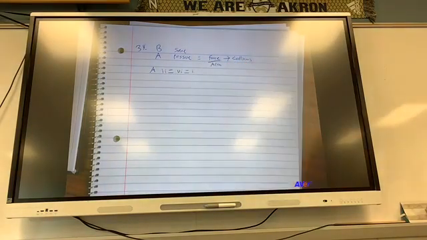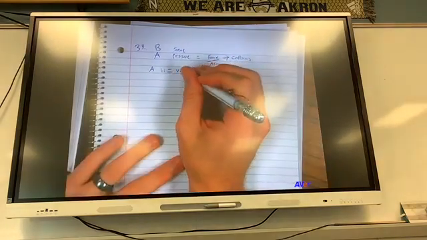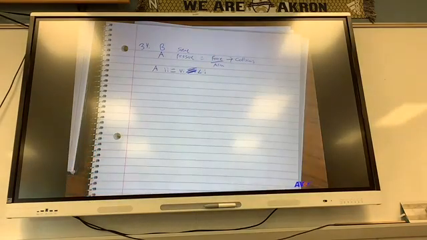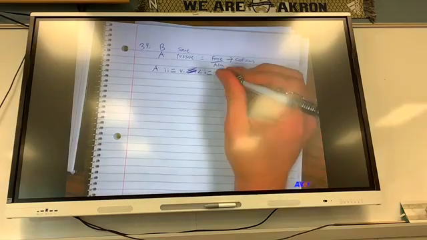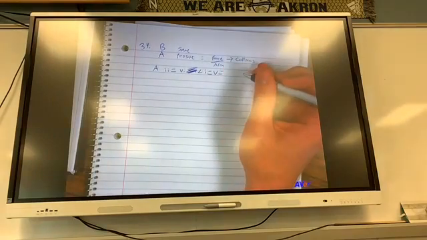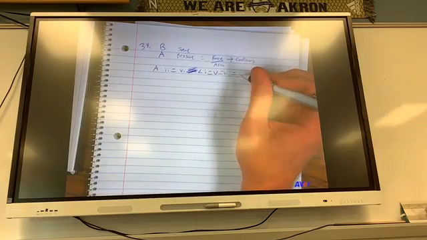Wait, no, that's going to be less than 1. All right? Why does one have a higher pressure? Smaller, right? Less than 1, which is going to be equal to 5, which is also going to be equal to 7, which is also going to be equal to 6.